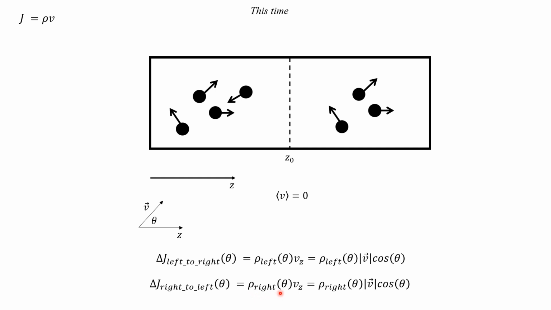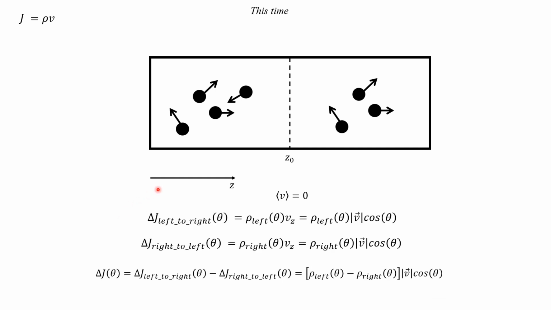So now it's the same idea, we just need to use the concentration of particles in the right box. And here this angle theta, we can consider it to be the same angle instead of the angle pointing the other direction, because now we're going to subtract this term from this, so we take into account the negative sign explicitly.